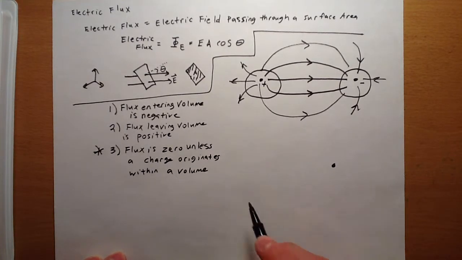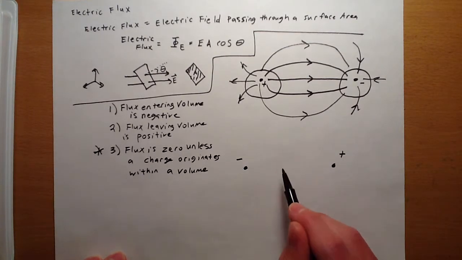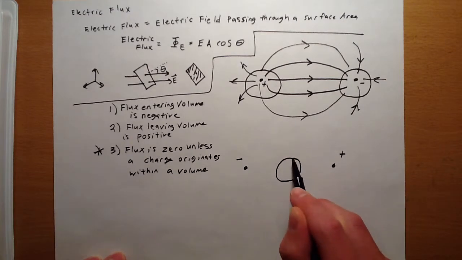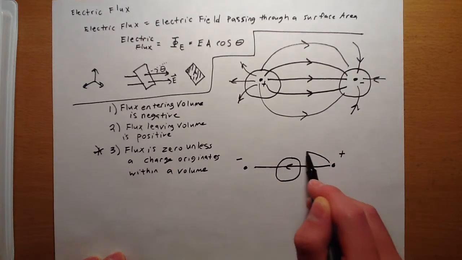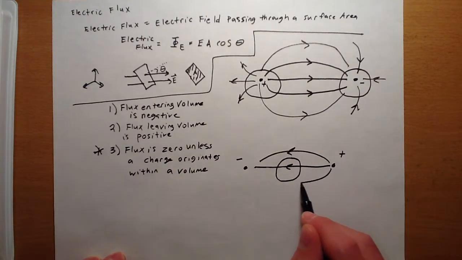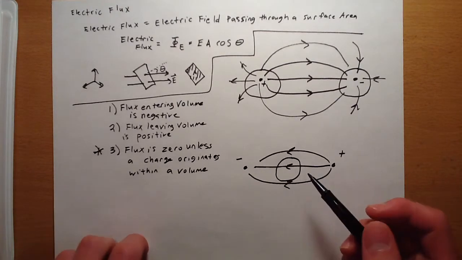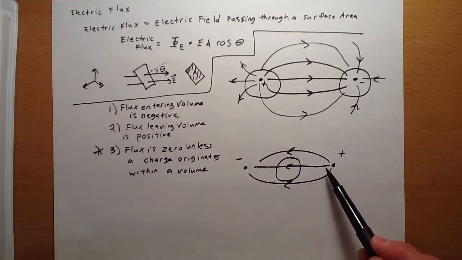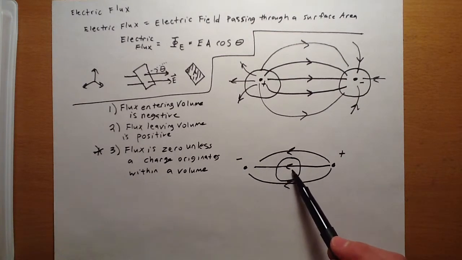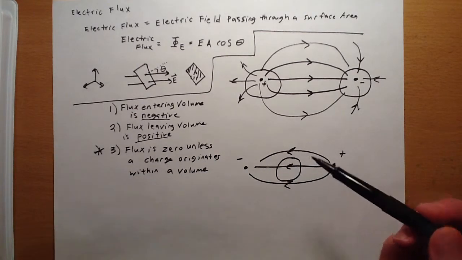Say we have 2 point charges, a positive and a negative like before. And we have a sphere right here. So we're going to draw these field lines again. As you notice, there's no charge within the sphere, and all the flux that goes into the sphere also goes out, positive and negative, so they add together.